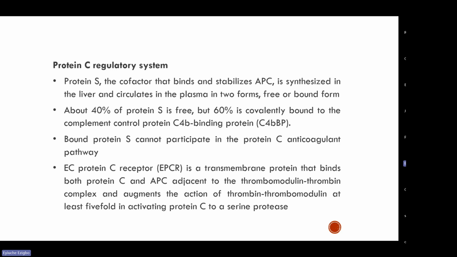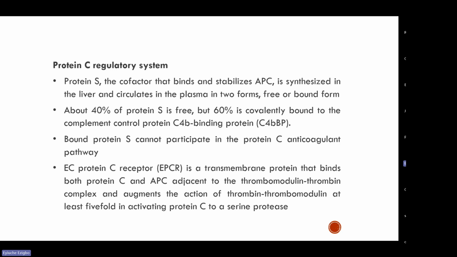Endothelial cell protein C receptor. Okay, endothelial cell protein C receptor is a transmembrane protein that binds both protein C and activated protein C adjacent to the thrombomodulin-thrombin complex and augments the action of thrombin-thrombomodulin at least fivefold in activating protein C to a serine protease.